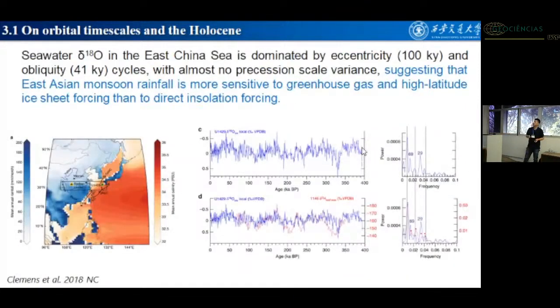But the seawater delta 18O record from the East China Sea shows it was dominated by the eccentricity 100,000 year cycle and also obliquity cycles, with almost no precession scale variation. It suggests that East Asian summer monsoon rainfall is more sensitive to greenhouse gas and high latitude ice sheets rather than direct insolation forcing.